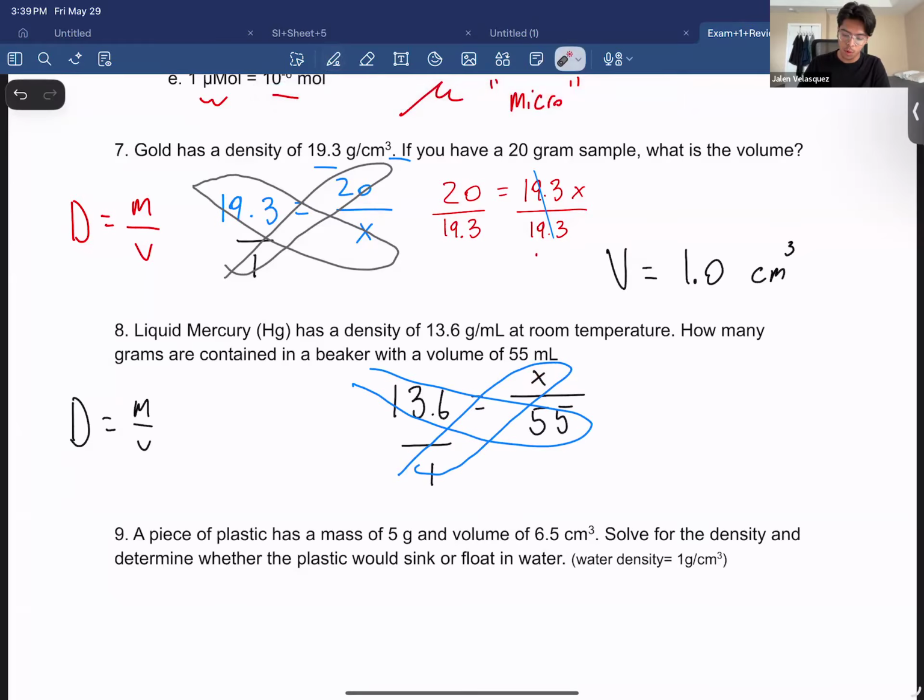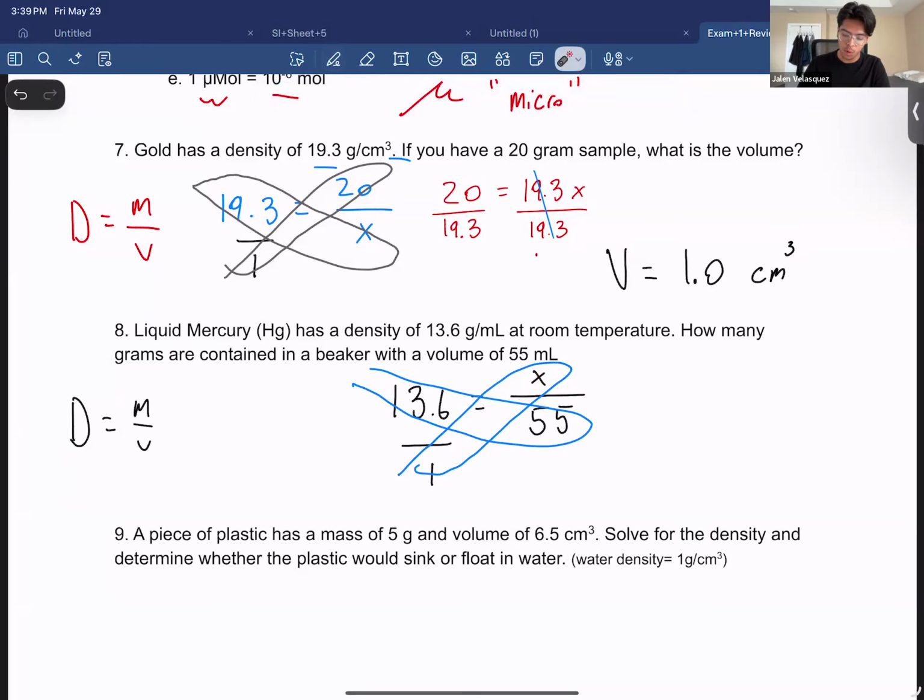Let's check. We have to reference the information that we were provided with and check how many sig figs are there, right? So density 13.6, this is three sig figs. Volume, this is two sig figs. So I need to write this in two sig figs rather than three.